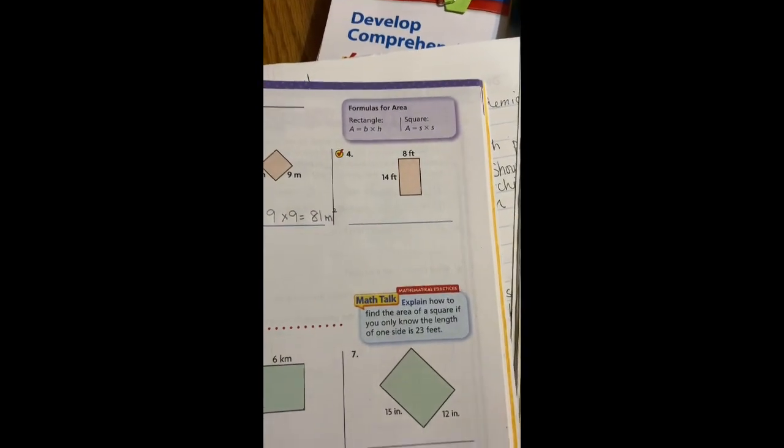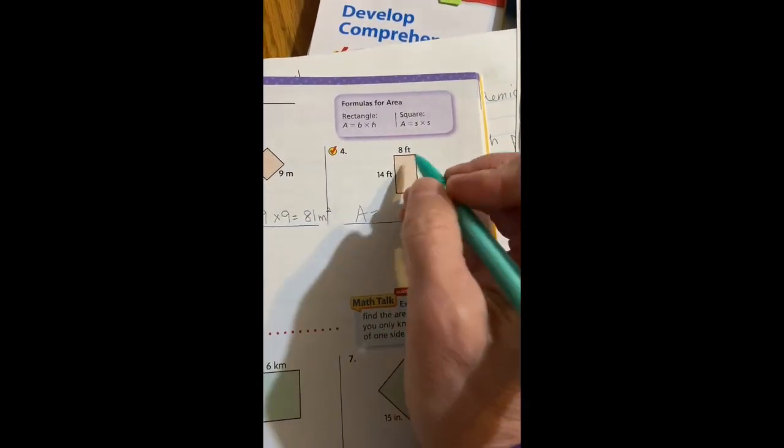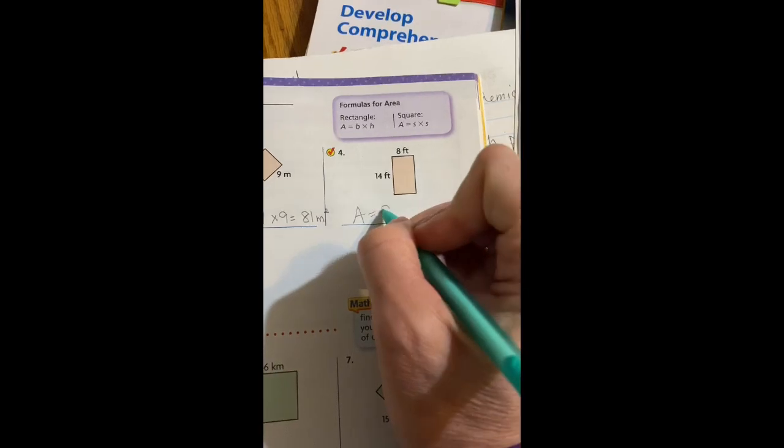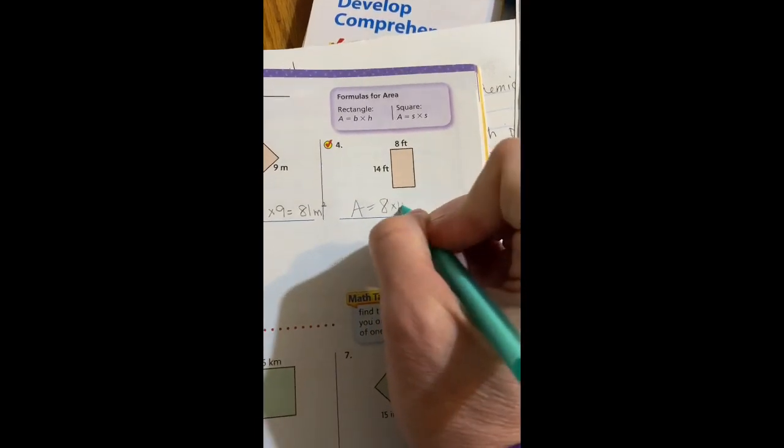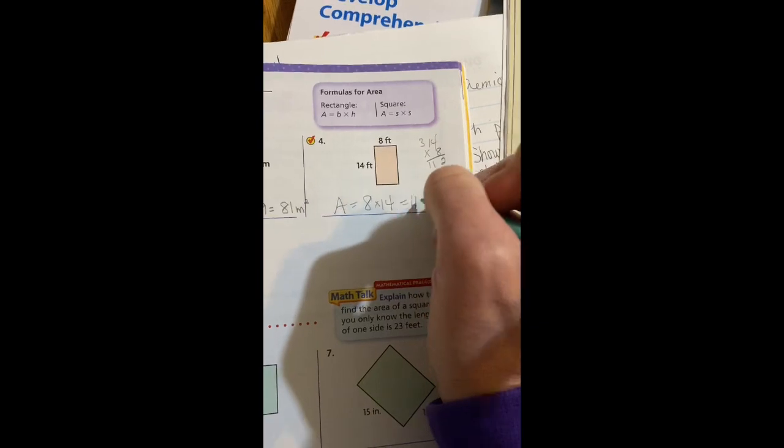And number 4, area equals, we call this base, we can call this height, 14 times 8, 112 square feet.